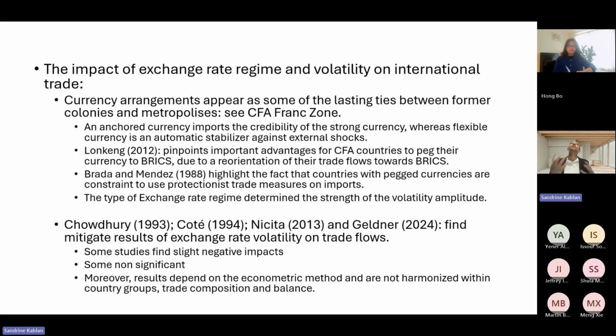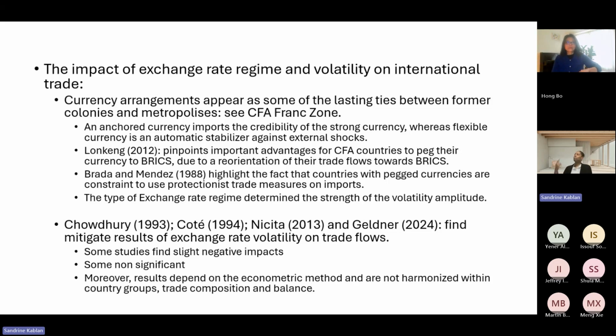Now, what is interesting in this discussion is that in 2012, Longkeng wrote a paper on the CFA country zone, and he explained that those countries would have more advantages to peg their currency to a basket of currencies made up of currencies of BRICS countries. Why?